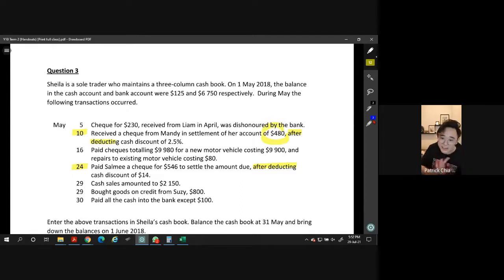The 480 hasn't minus the discount yet. Okay. Now look at 24. Okay, for 24, paid Sell me a check for 546 to settle the amount due. This one, minus already or not? Okay, for 24, the answer is yes.